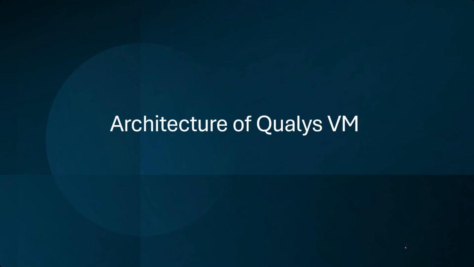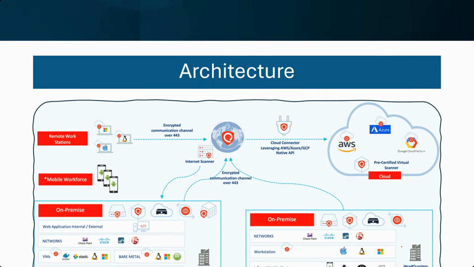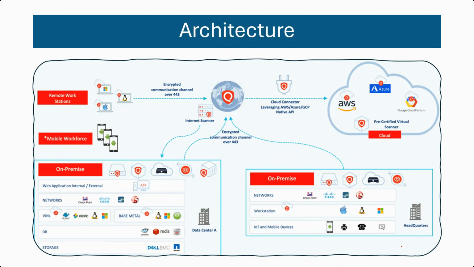All right, so now let's talk about the architecture of Qualys vulnerability management. Okay, so in this architecture, at the center, we have our Qualys dashboard or Qualys manager, which we access, and we have multiple other components as well. Let's talk about them one by one. You can actually scan endpoints by installing the agent on those devices.